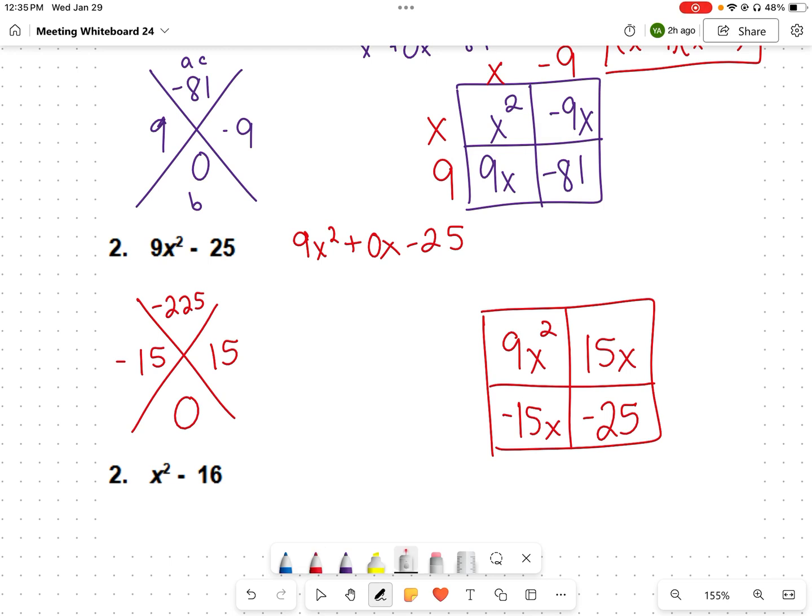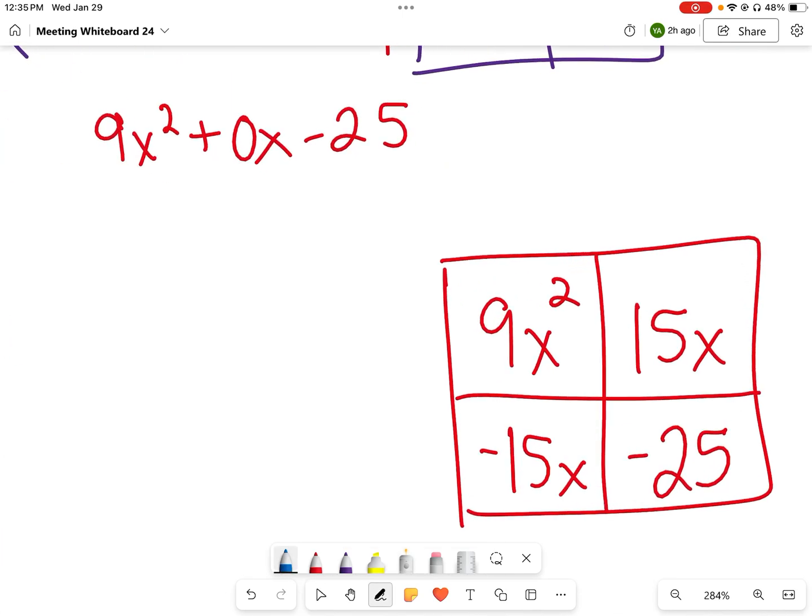So I'm going to use my little laser pointer. Row 1 right here, and column 1 right here. See how they're the same? 9 and 15, 9 and 15. So that means that what goes out here is going to be the same except for the sign between them.